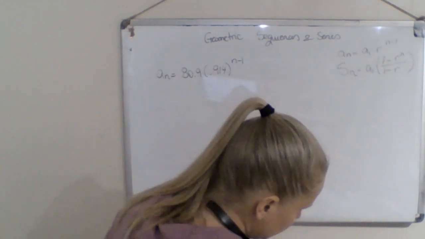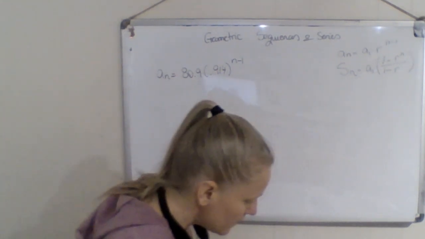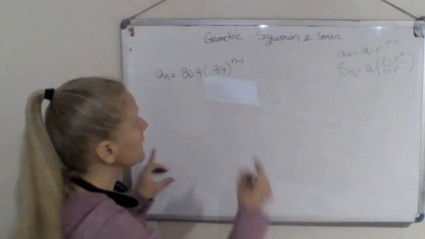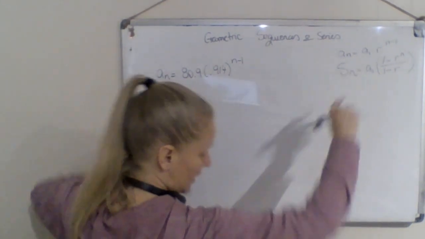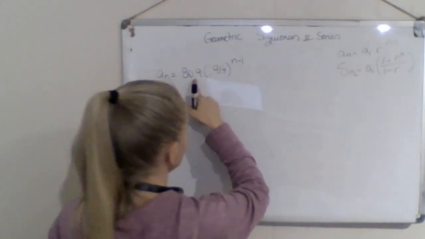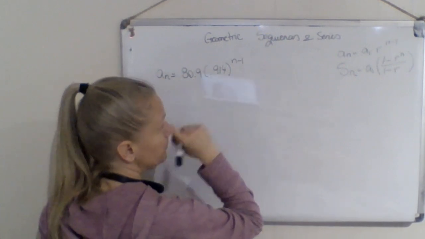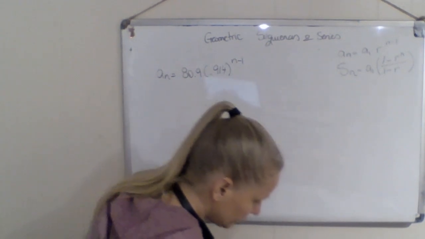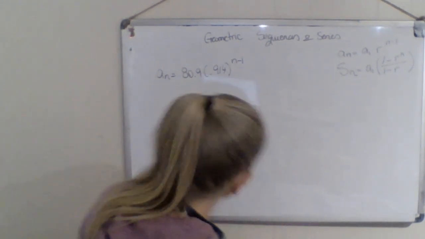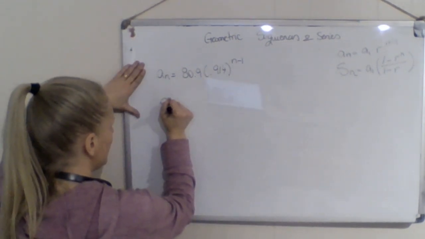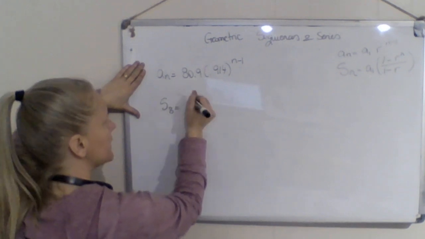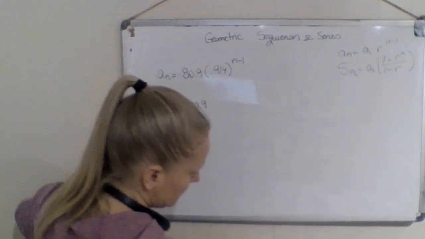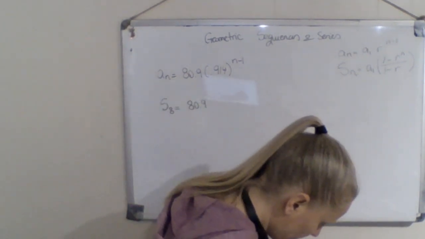From 1990 to 1997, that gives you 8 years, right? We already know my A1 because it tells us my A1 was this one. I know my ratio. What I don't know to use this is all of the period of times that I need. So this becomes S of 8, because that's what we're looking for, is A1, which is 80.9, correct? Well, no, hold on. A1.